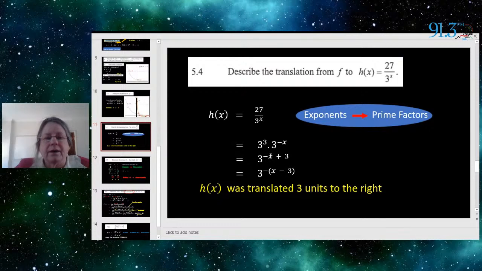Now, this is still not in standard format. So we need to take the negative out. So it becomes 3 to the power negative (x minus 3). Why are we doing this?